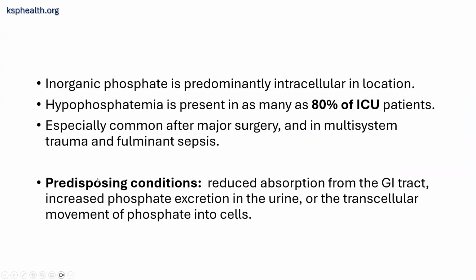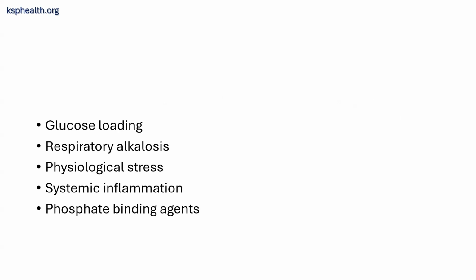Hypophosphatemia. Inorganic phosphate is predominantly in an intracellular location. Hypophosphatemia is present in 80% of patients, especially common after major surgery, multi-system trauma, and fulminant sepsis. It happens because of reduced absorption from the GI tract, increased phosphate excretion in the urine, or transcellular movement of phosphate into cells.